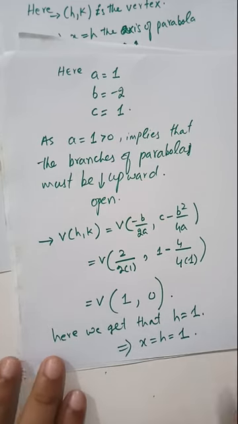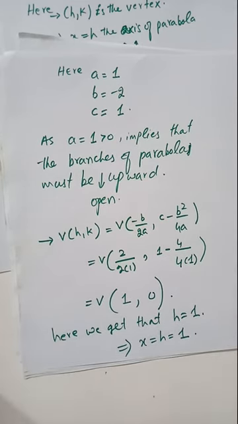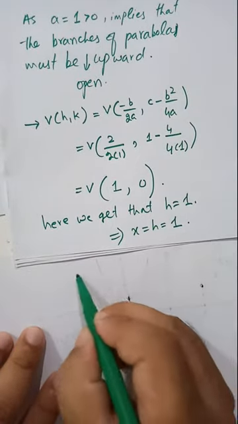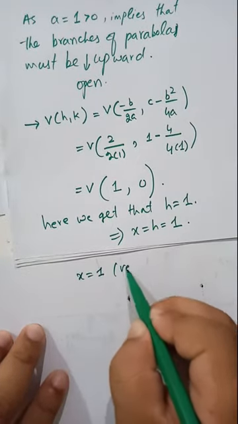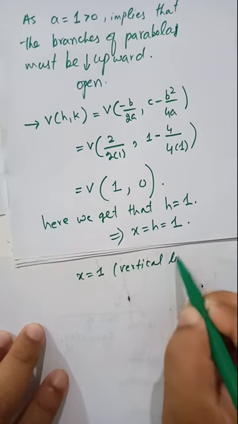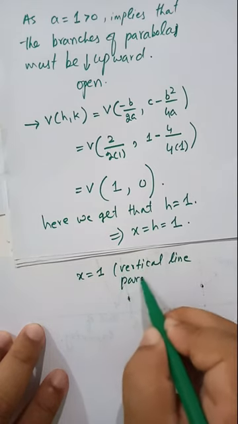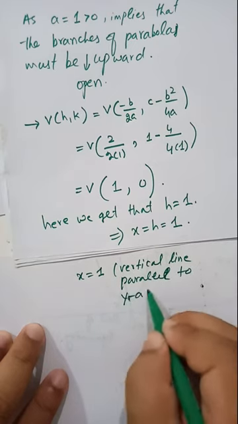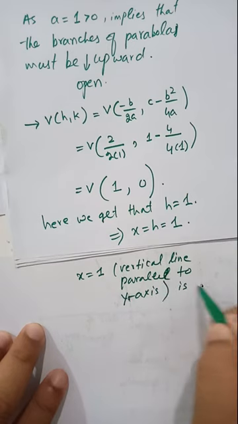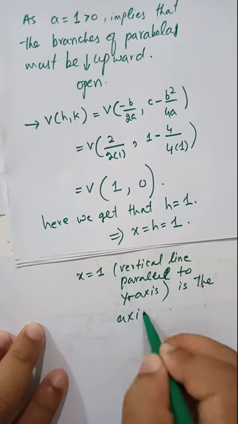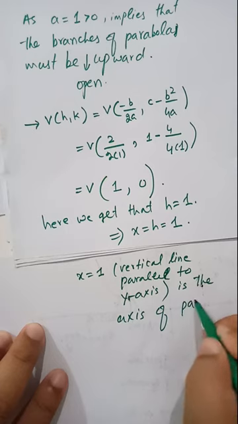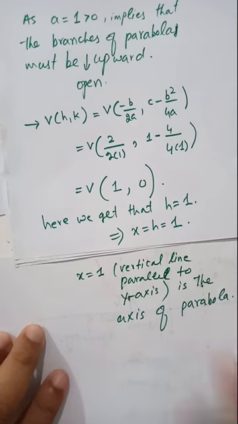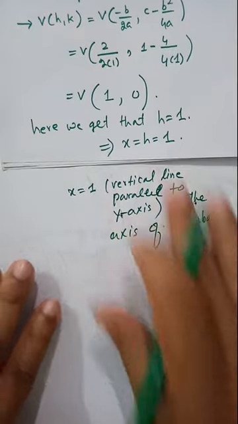Mean x is equal to 1, a vertical line parallel to the y-axis, is the axis of parabola. So now I am sketching that graph.